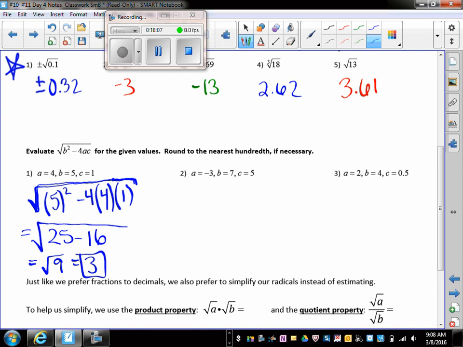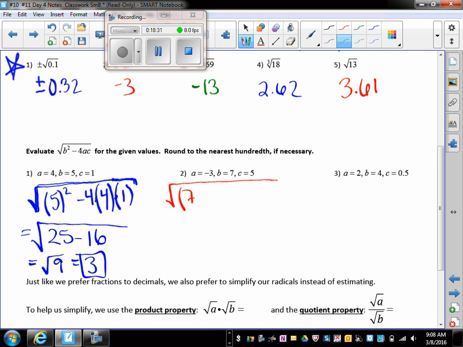Good. And again, a couple key things is make sure you are using proper parentheses. We didn't really need parentheses here since you have that multiplication sign that you use on your calculator. But let's go ahead and set up number 2, just so you can see why it's important to use parentheses. Alright, so b squared, what does that mean? What's that going to give us? 7 squared.